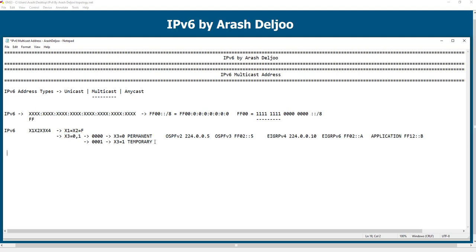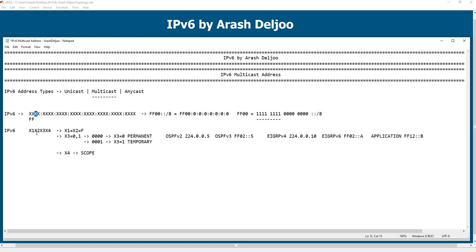And also we are using x4, the fourth character. x4 is a character for identifying the scope of this IPv6 multicast address. Scope. What is the scope? Let me talk about the scope, but don't forget, in an IPv6 multicast address, only the first hextet is important. This means the first two characters should be set to FF because this is the identifier of an IPv6 multicast address.